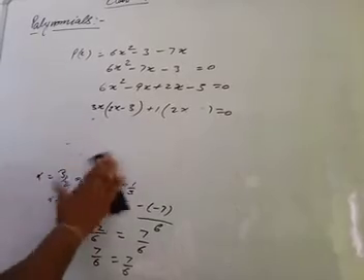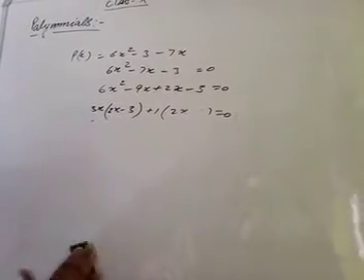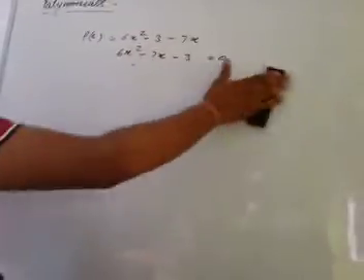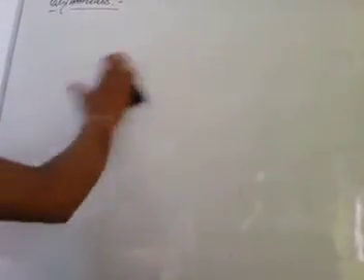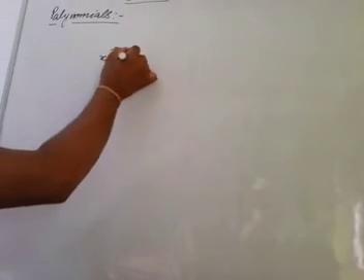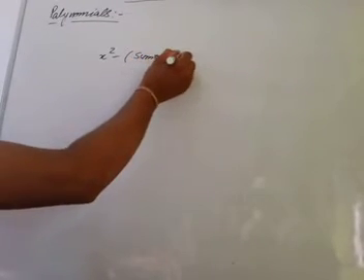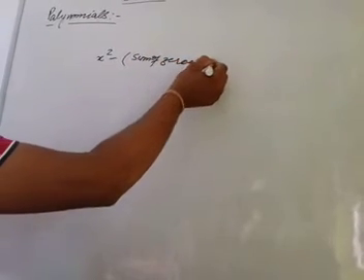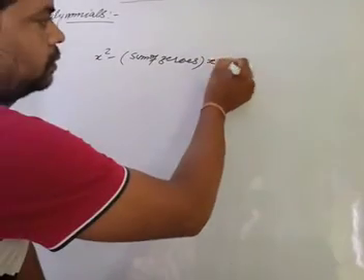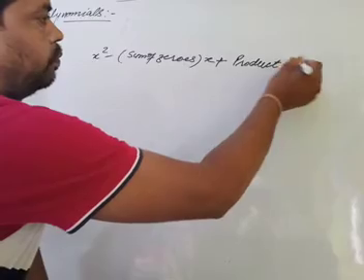Second one, how you will find the quadratic polynomial if the sum and product of the zeros are given. So the formula for finding the quadratic polynomial is x square minus sum of zeros into x plus product of zeros.